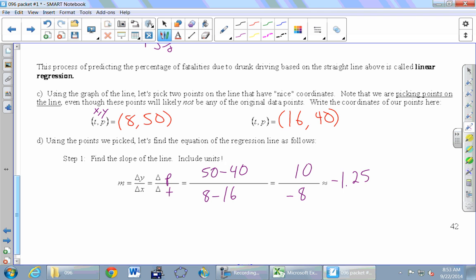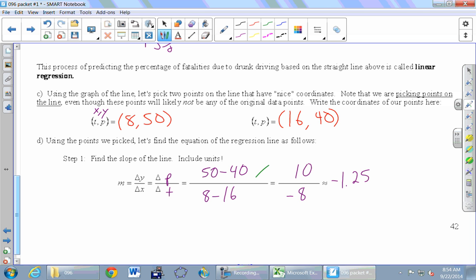We don't have to leave it as a fraction. You can leave it as a fraction. Often for word problems, percentages, decimals are more easily understood than fractions. But either way is okay. And it says here include units, so let's go ahead and add some units in. The 50 and the 40, what were the units for those guys?